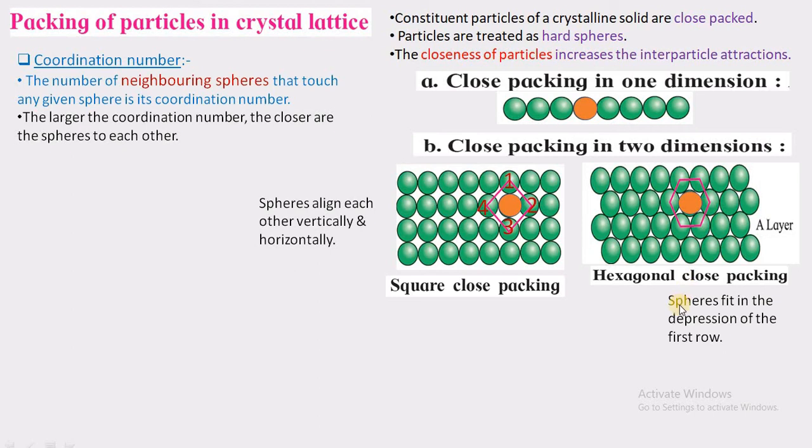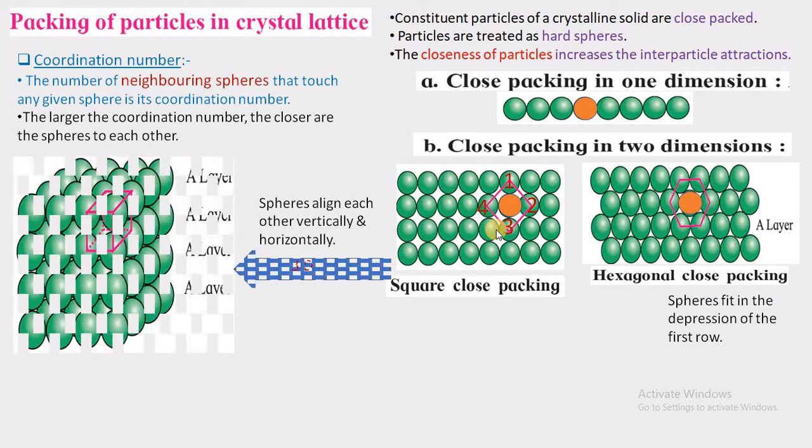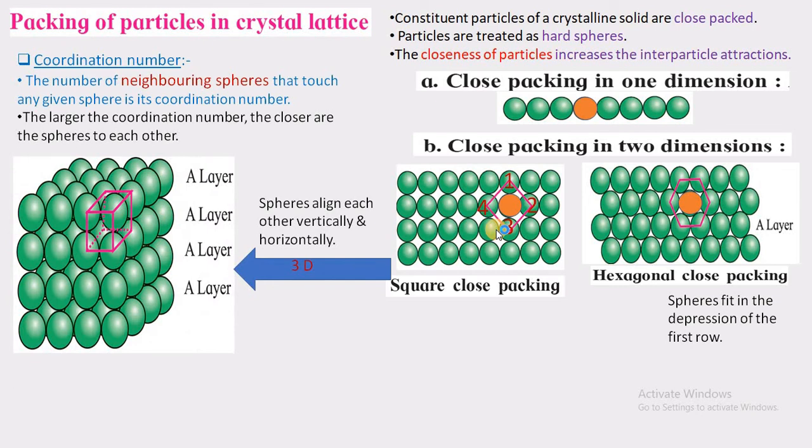It is very important to note that this has a hexagonal close pack structure, and this has a square close pack structure. If a square close pack structure is packed three-dimensionally, all the layers are A type layers. The bottom layer is A type, the layer above it is also A type, and the layer above that is also A type.